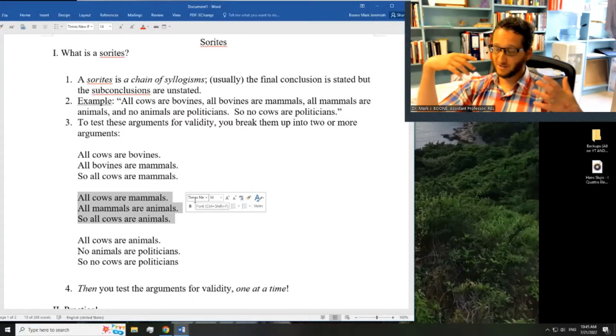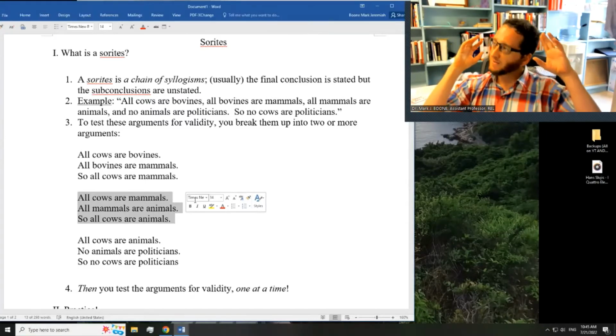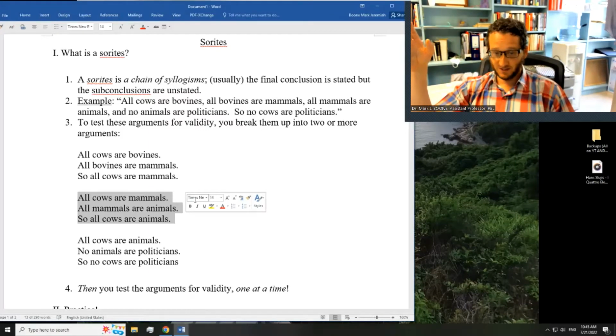Now, I think you'll find this in probably every Sorites you look at. I don't want to promise that without thinking through very carefully what the structure of a Sorites is. But I'm pretty sure you would find that in every Sorites, once you identify the first syllogism, you'll be left with a subconclusion that is one of the two premises for your next syllogism.